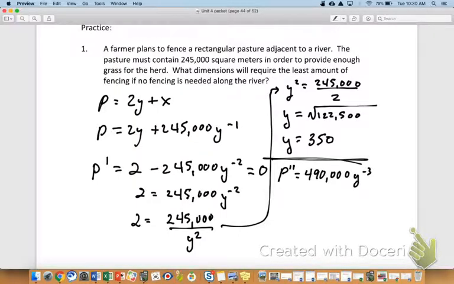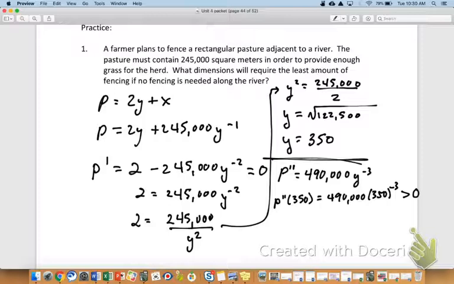And the reason why I think this one is actually pretty easy, I can say P double prime of 350 equals 490,000 times 350 to the negative third. And I have to admit, I have absolutely no idea what that number is, but I am certain that it's positive. Make sense? I mean, that's a precise number. It's not the finalized form, perhaps, but it's exactly right. And the most important thing about it is that it's a positive number.